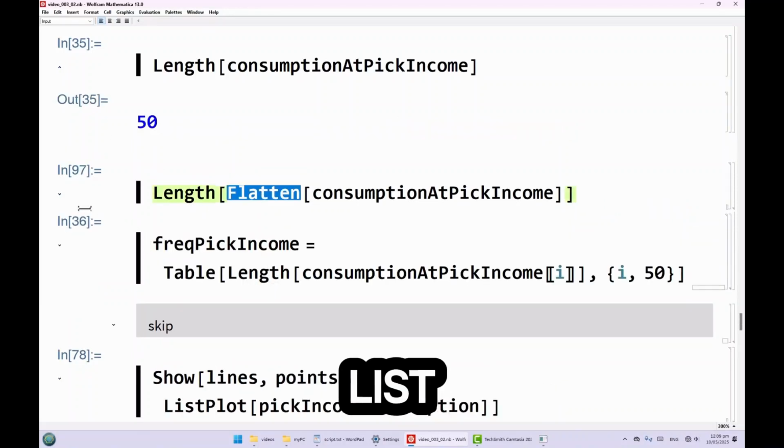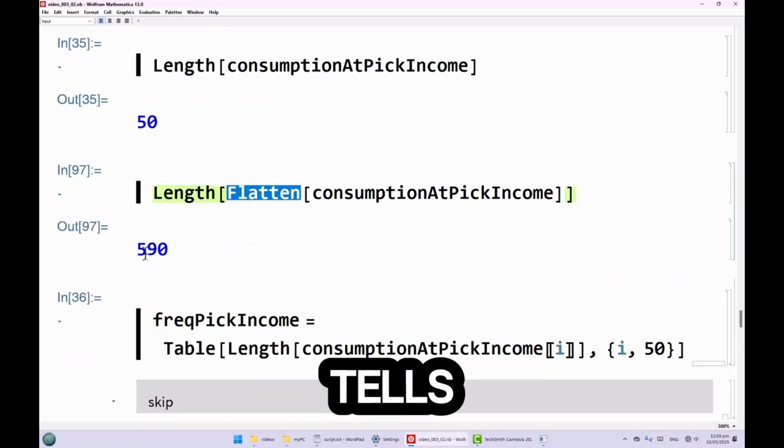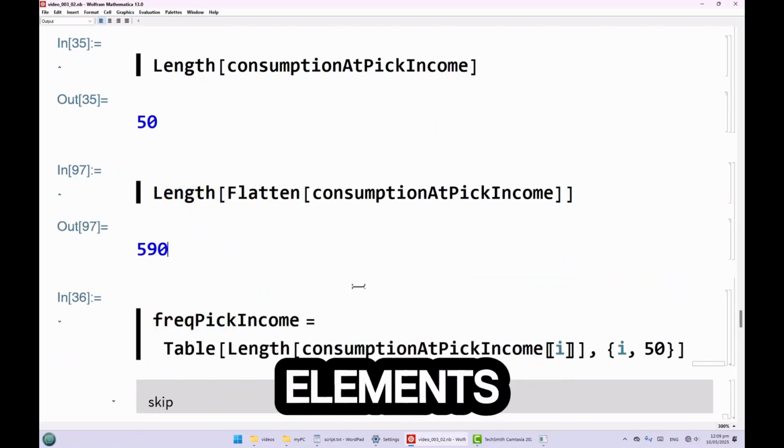When we flatten this list of lists, Mathematica tells that it contains 590 elements.